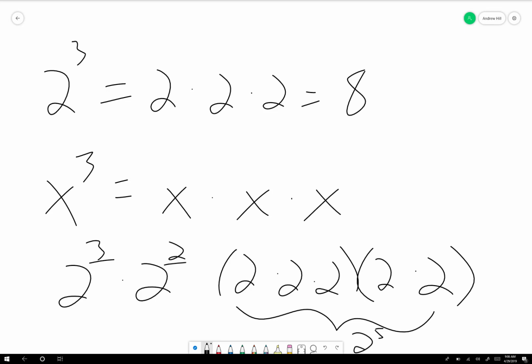So one of our exponent rules, which you should remember from past years, is that 2 to the third times 2 squared is the same as 2 to the 3 plus 2, or 2 to the 5th. We can confirm this with the actual values. We know that 2 cubed is 8, and 2 squared is 4, and 8 times 4 is 32, which is also 2 to the 5th power.